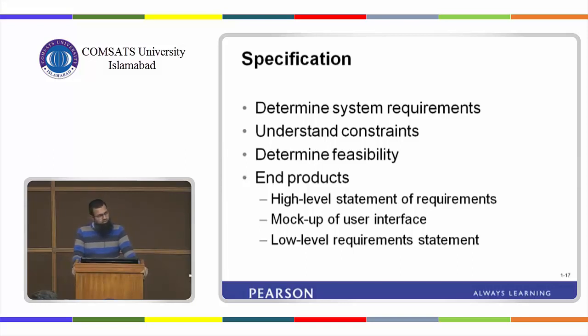What I said earlier is that it should be in a way that the customer can understand. It shouldn't be a very technical document that only the developers can understand. That document is called software requirement specification, SRS in short. That is for the client as well as for the development team, the producer of the software.